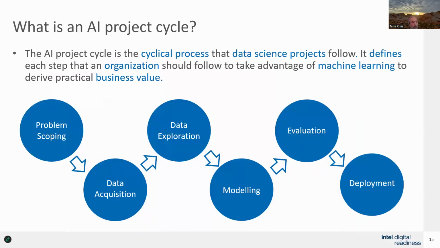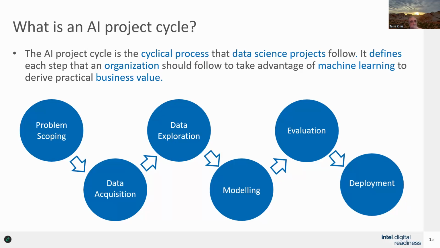When we look at an AI project cycle, I want you to notice here that it's sort of like the waterfall approach in some ways. And we have these five or six little areas here. It is cyclical, like all the other project cycles, because often when you complete something and you deploy it and get it out there working, you're already thinking about how do you make it better yet, right?